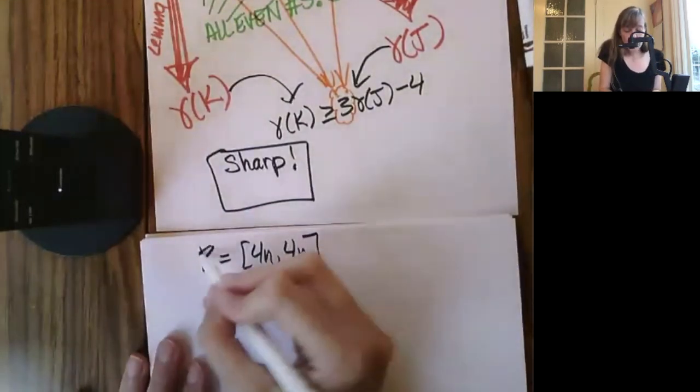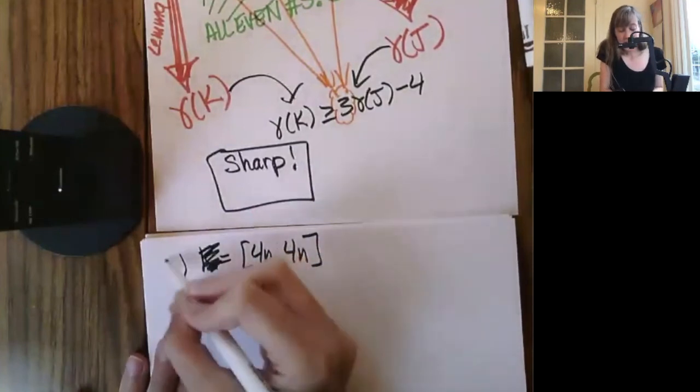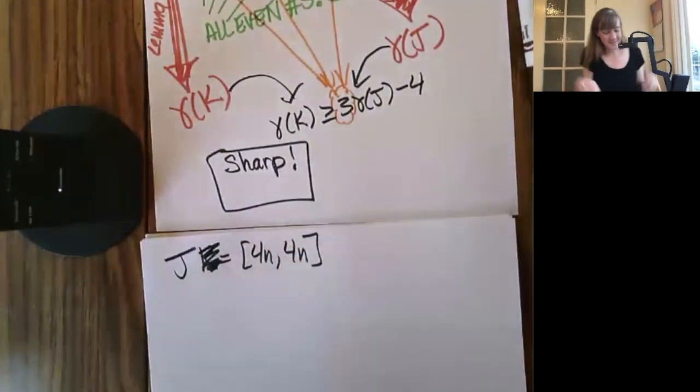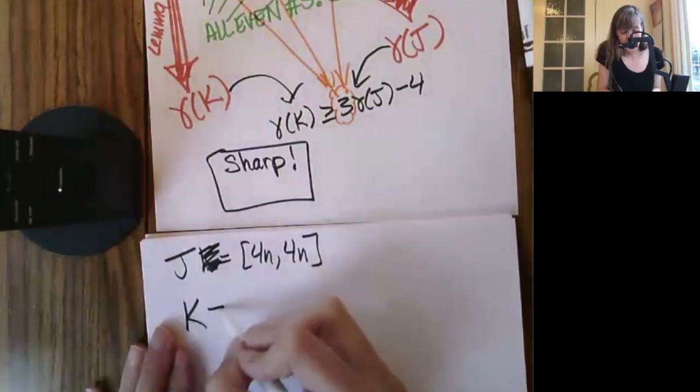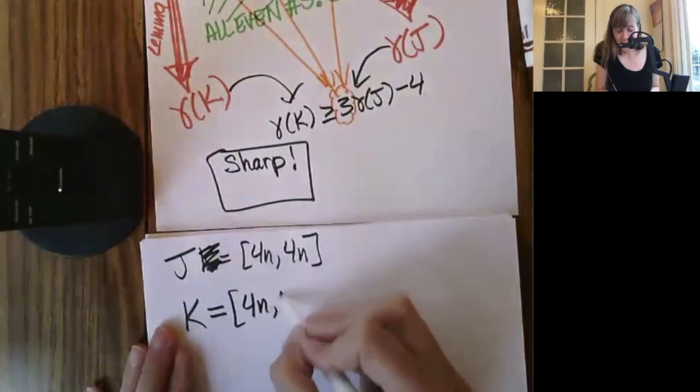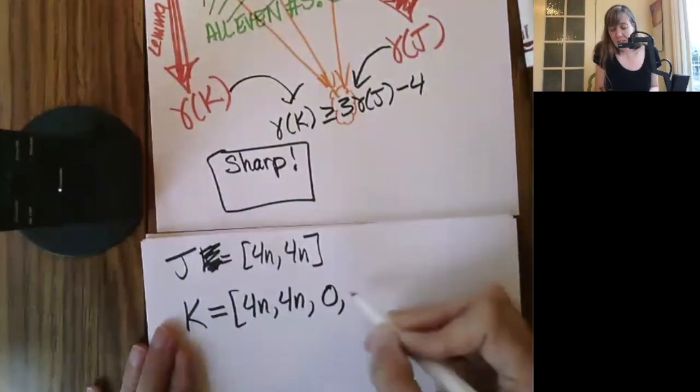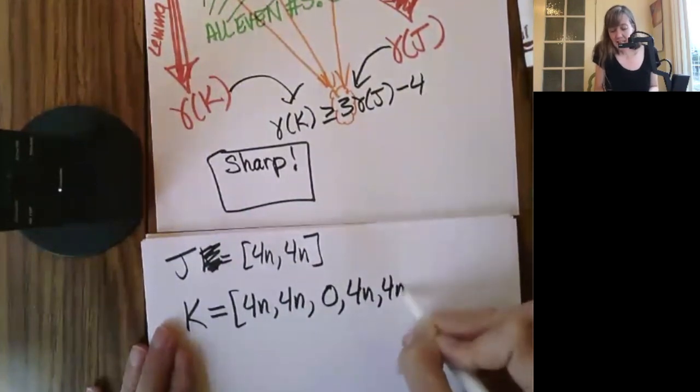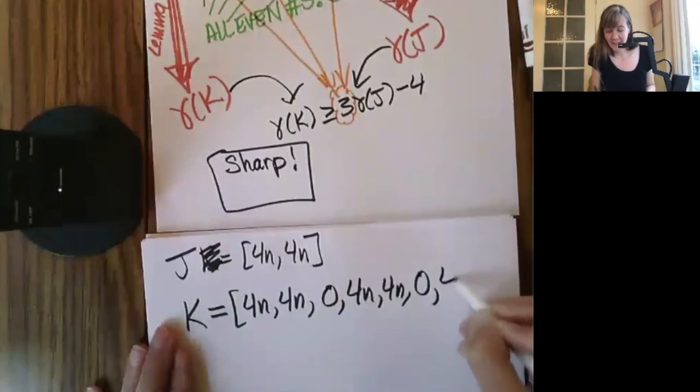And then, oh, whoops. This should be J. That's the downstairs 2-bridge knot. And then K upstairs is going to have that braid 4n, and then the connector 0. And then 4n, and then another connector 0, and finally 4n.